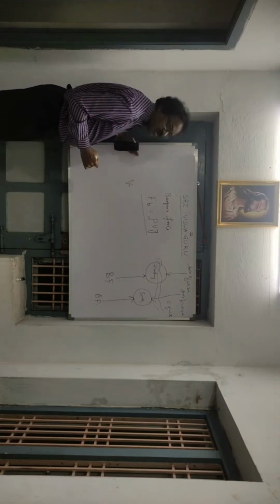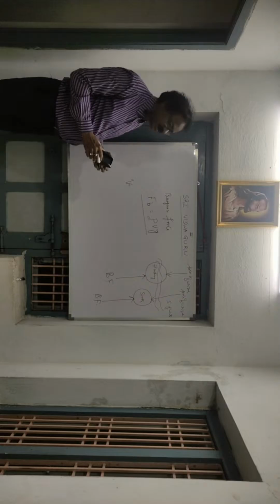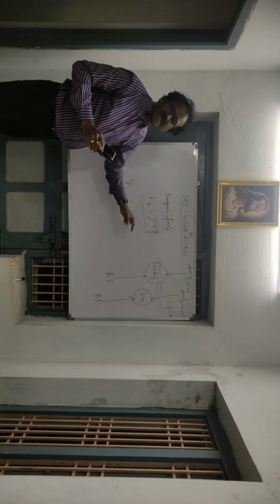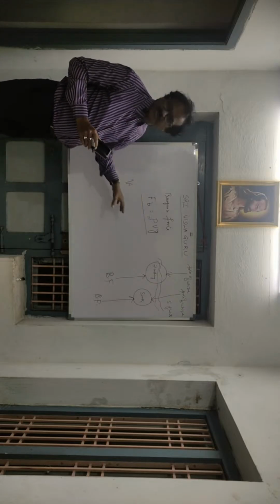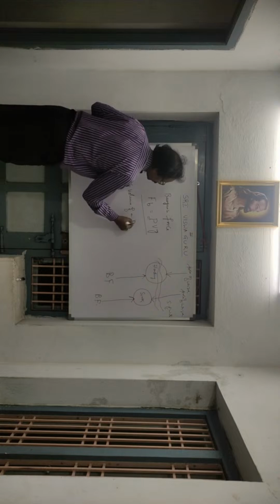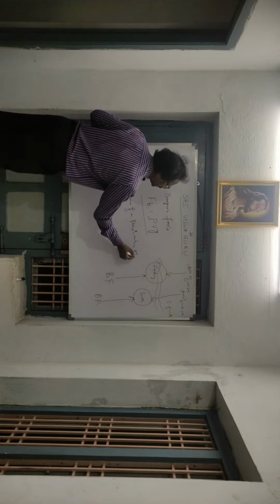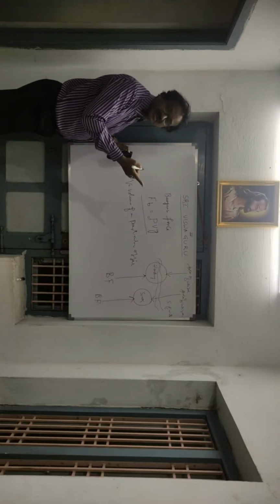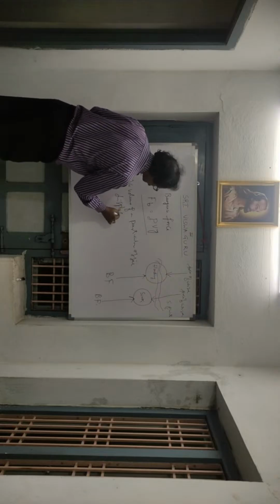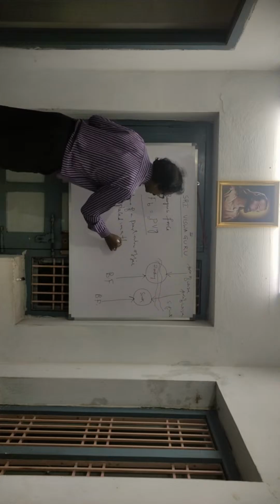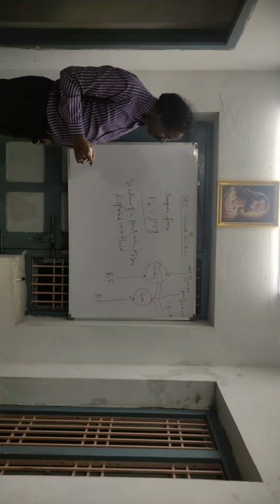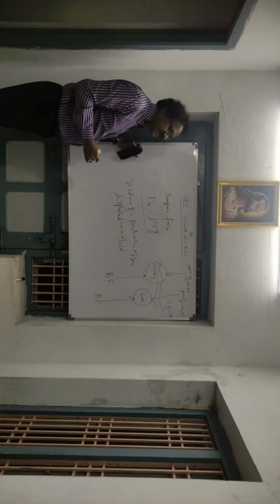V is the volume of the particular object displaced in a fluid. ρ is the density of the fluid, and G, what is G?